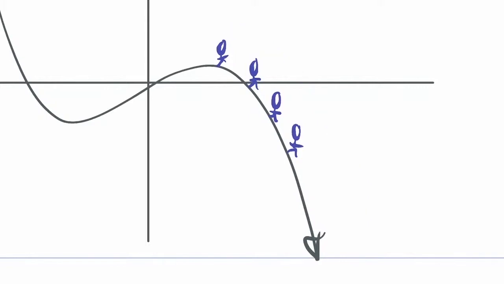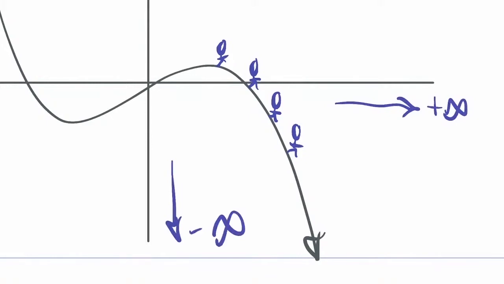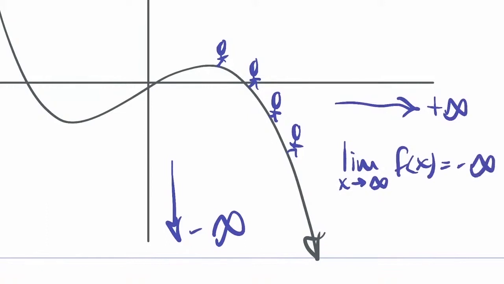You follow this way to plus infinity, you're going to go down this way to negative infinity. So the limit as x goes to infinity of f of x is negative infinity, okay?